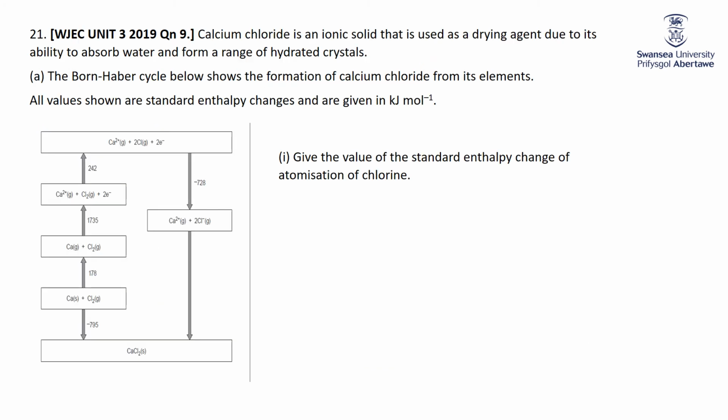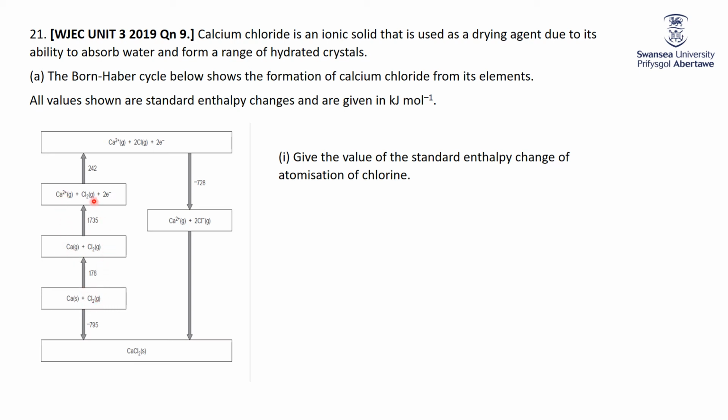Final topic, lattice energies. Hope you can see these numbers well enough. Give the value for the standard enthalpy change of atomization of chlorine. So let's look throughout all this and see what happens. Well, here you're getting solid calcium and gaseous chlorine going to solid calcium chloride, so we're not vaporizing anything there. Here we're vaporizing the calcium, going from solid to gas. Here we're ionizing the calcium, going from Ca to Ca2+, but all the way through here it's Cl2 gas.